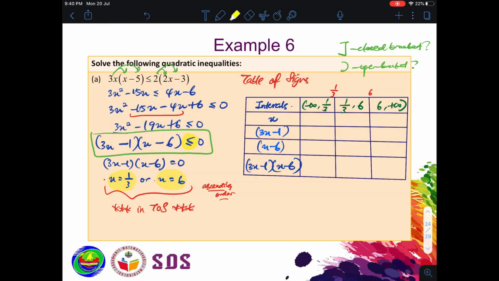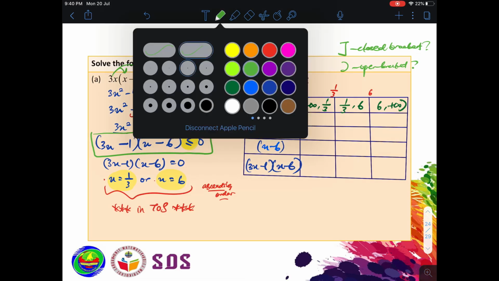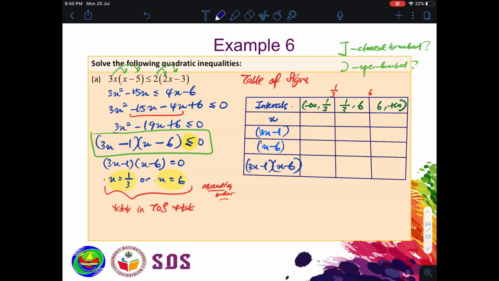This shows you whether it is an open or a closed bracket. What we have here is an equal sign. Therefore, if you have an equal sign, it means a closed bracket. So you put a closed bracket for all of the rest of the numbers here.